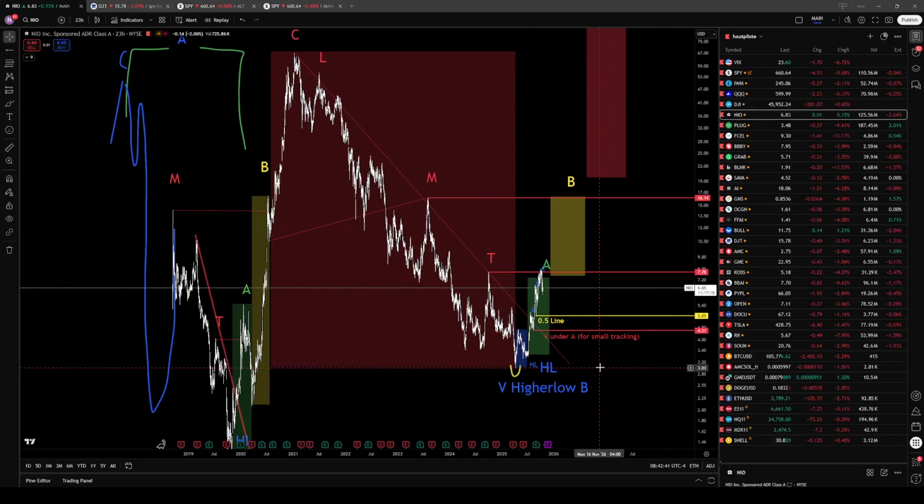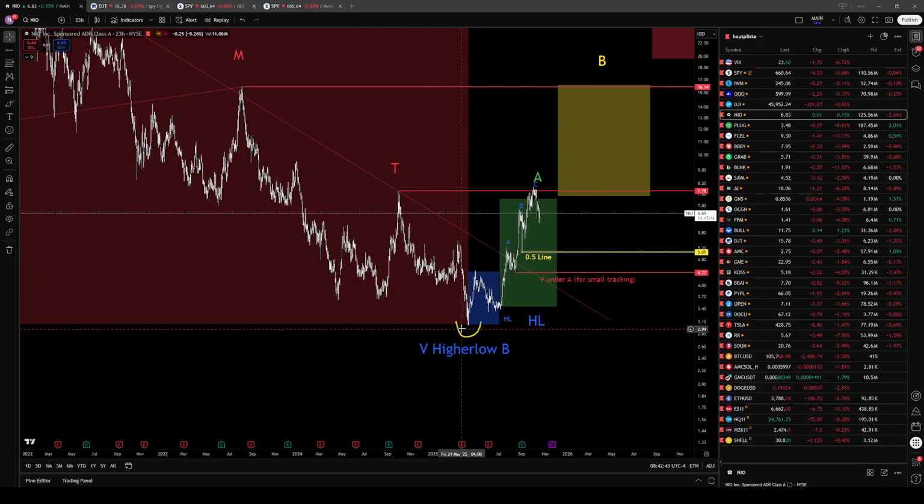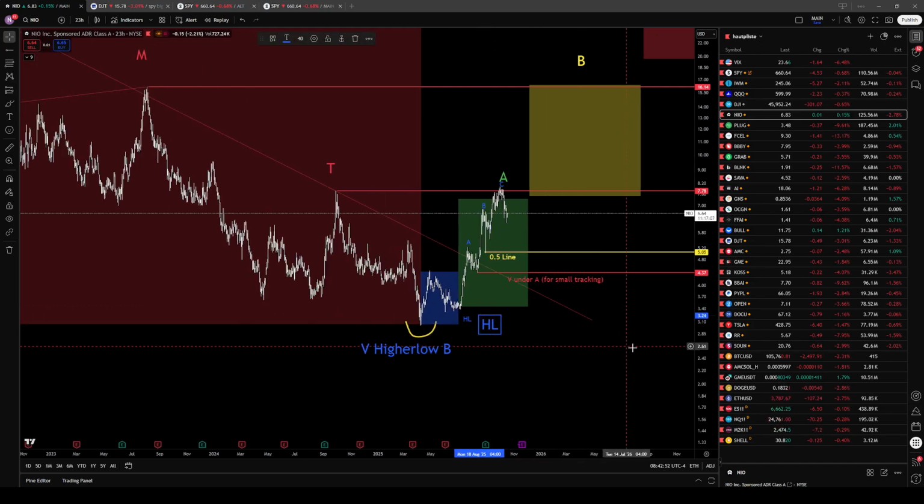That's why this is important, and that's why it's perfect. So right now, higher low is finished, the big one and the smaller one.